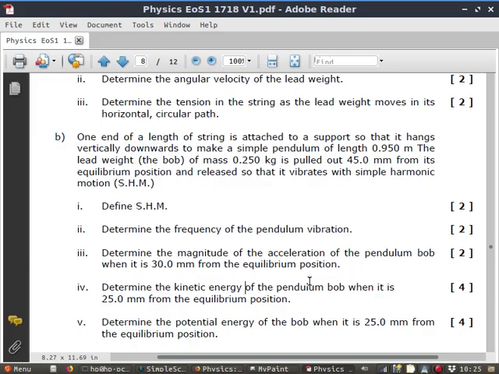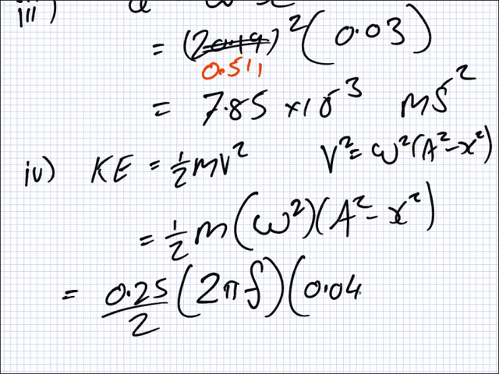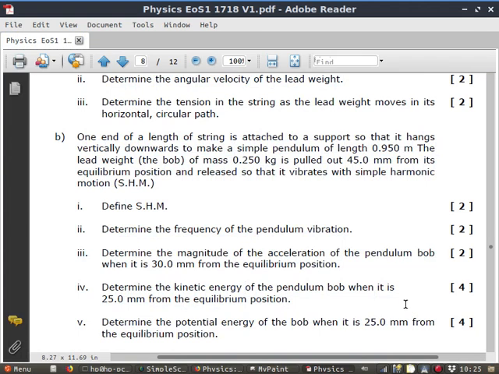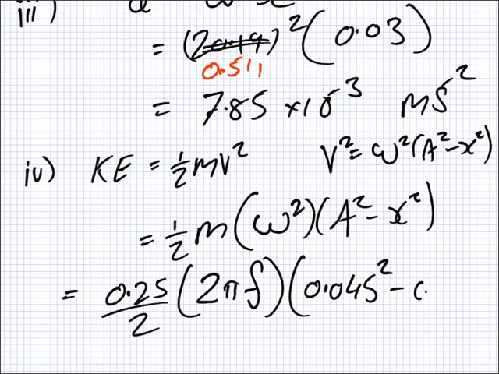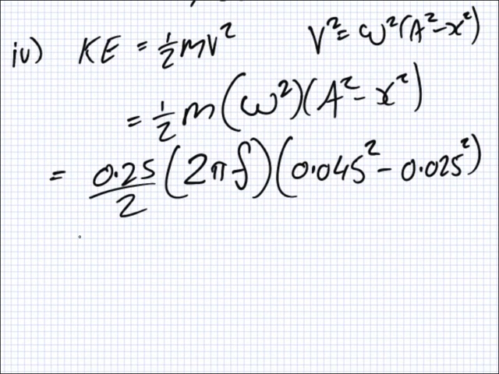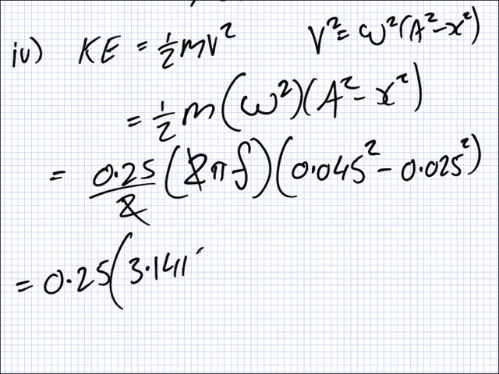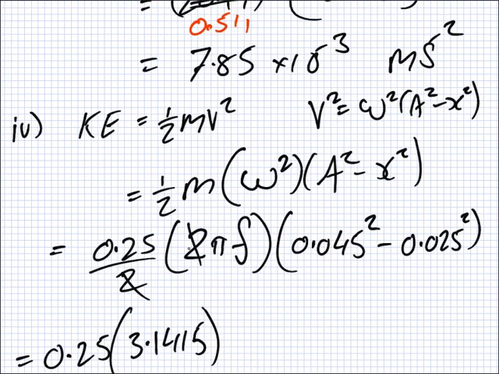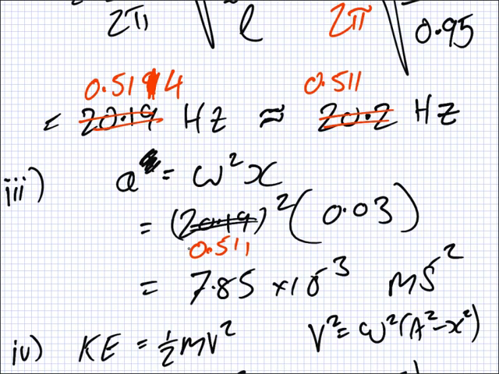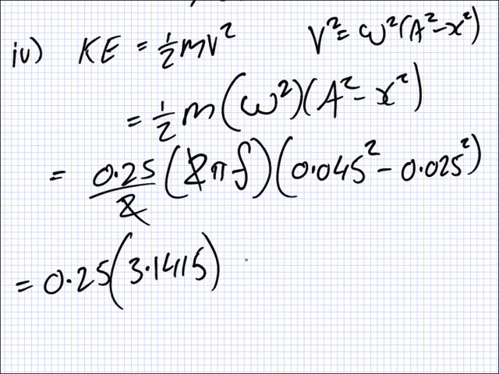The amplitude is 0.045 squared minus 0.025 squared. Okay, so what did we say the frequency was? Oh, well, these cancel. What did we say the frequency was? 0.5114.